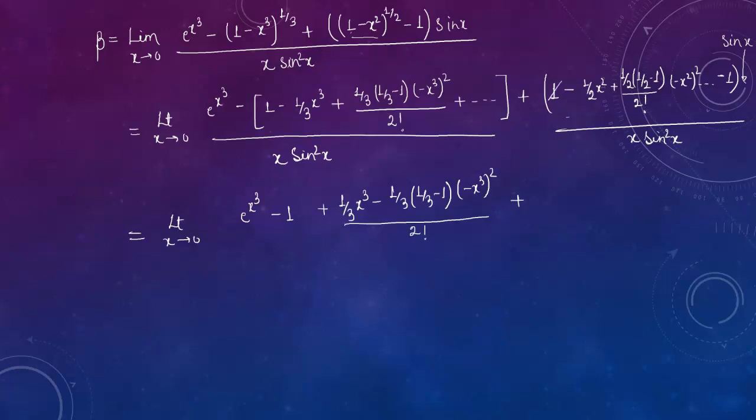Here we can see that this one and this one will be cancelled. Okay, so after all, minus 1 upon 2 x square plus 1 by 2 into 1 by 2 minus 1 x to the power 4 by 2 factorial and so on, is divided by x sine x.